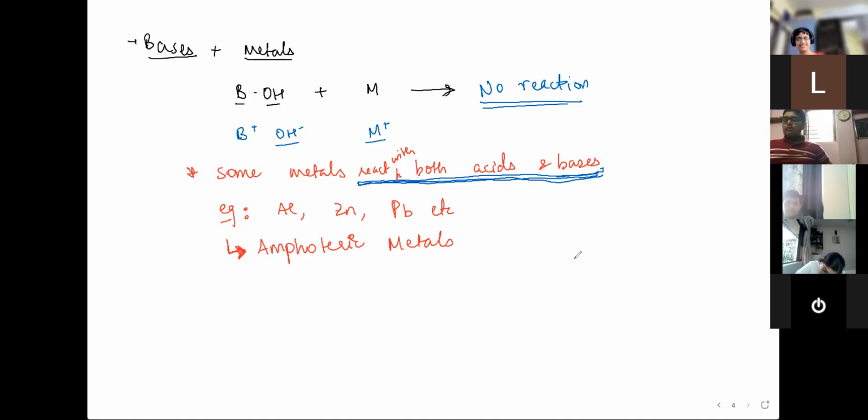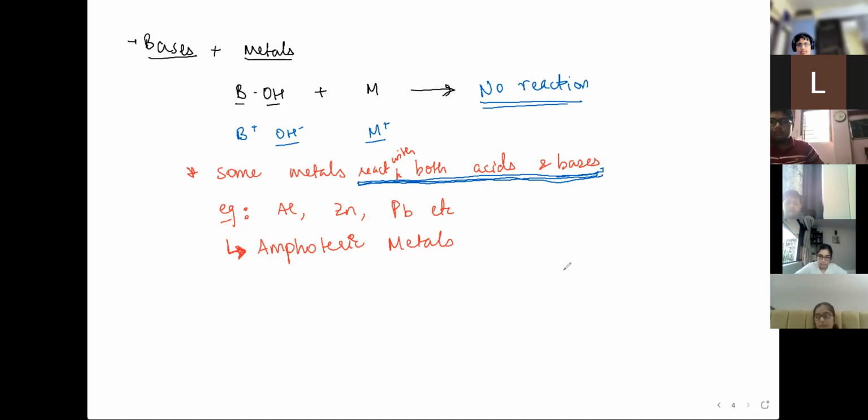Ma'am, I think it's a silly thing, but I wanted to know if there are some exceptions regarding an equation or a reaction. Do we have exceptions of the exceptions also? Yes, in the next chapter you have an exception for an exception. There is one particular concept: it's the reaction of metals with acids only.